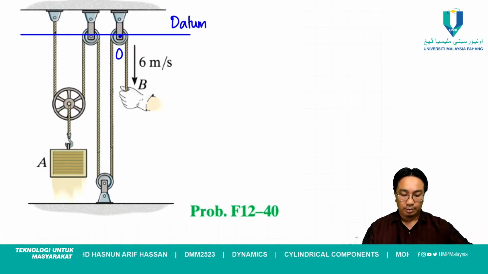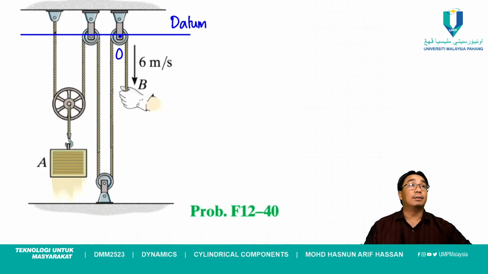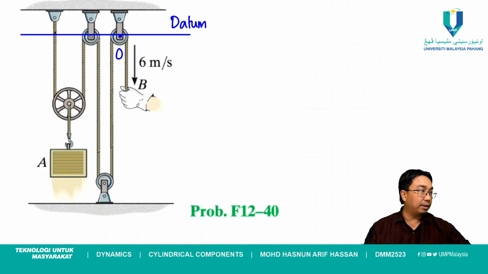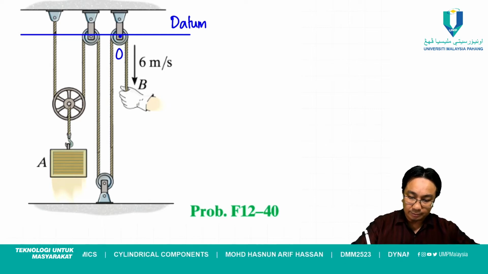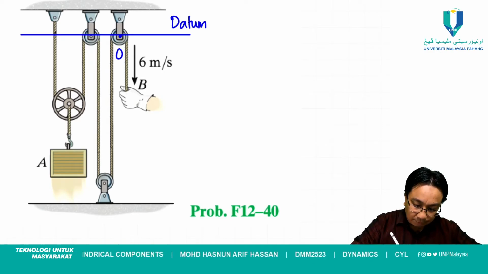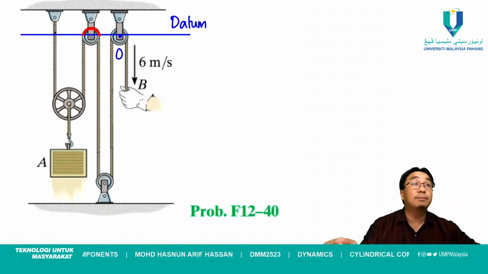Now, next is to do what? To identify the constant. Okay, dekat mana yang constant? Can you tell me which part is constant? Okay, let's take this part up here, constant, betul tak?